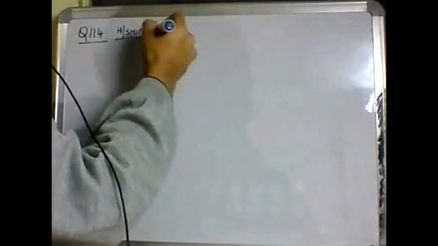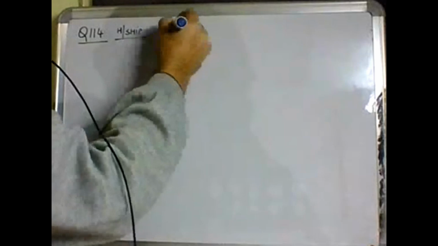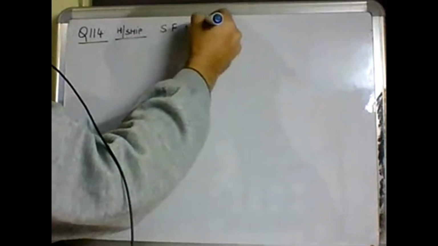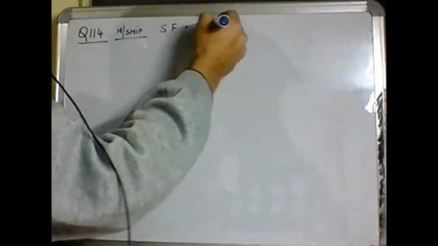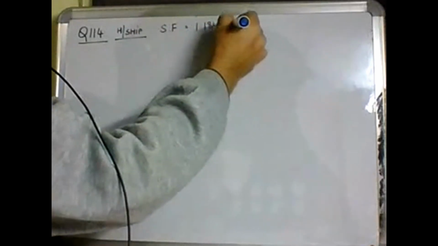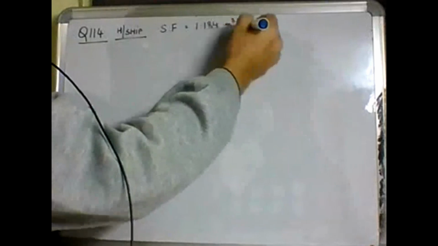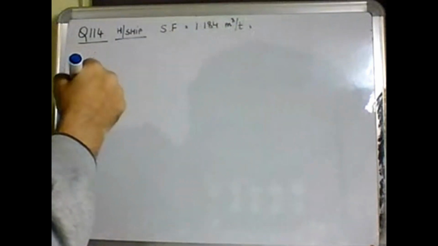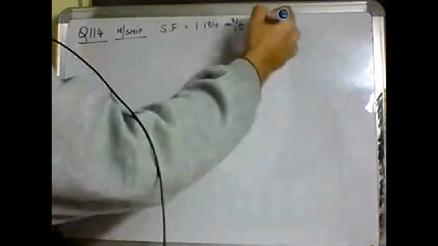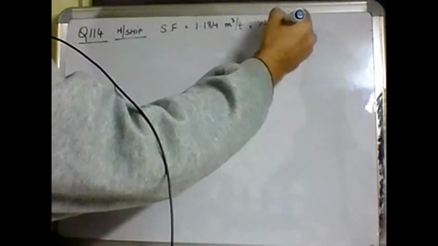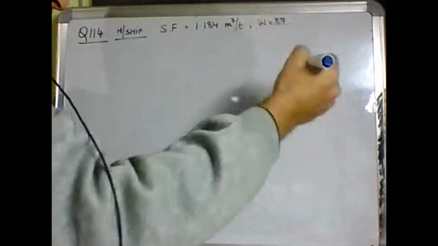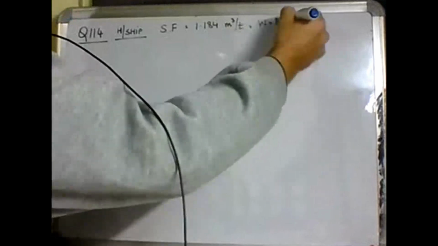of storage factor. So the storage factor of the grain is 1.184 cubic meter per ton, and it has a displacement of 87,284 tons.